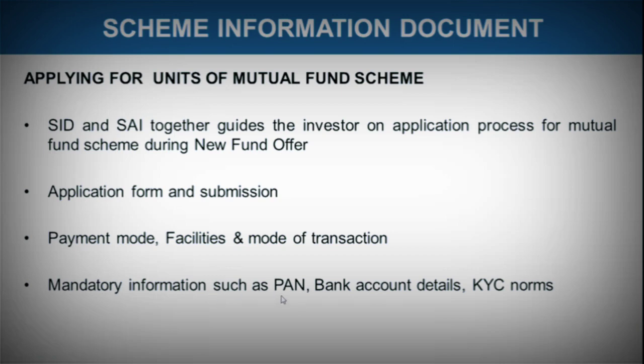You have to give your PAN number, that is your verification number, and bank account details. There would be certain KYC norms. All these details would be taken from you as well. So the SID contains information on what you need to do if you want to buy, invest, or apply for a mutual fund scheme. It guides you through a clear procedure on how you can move forward.